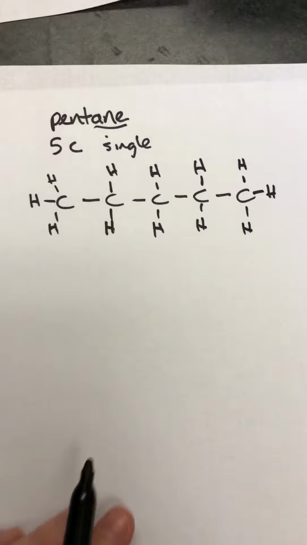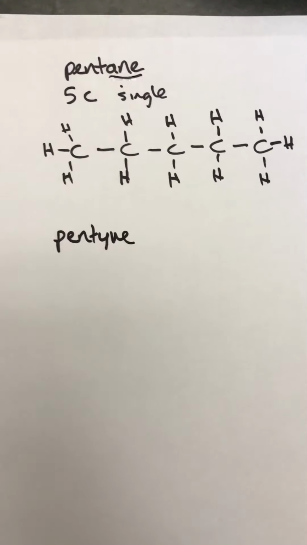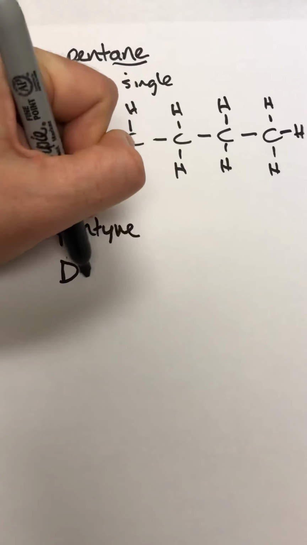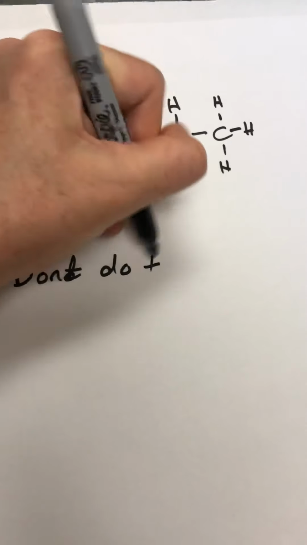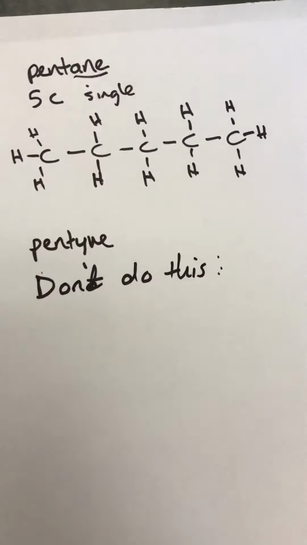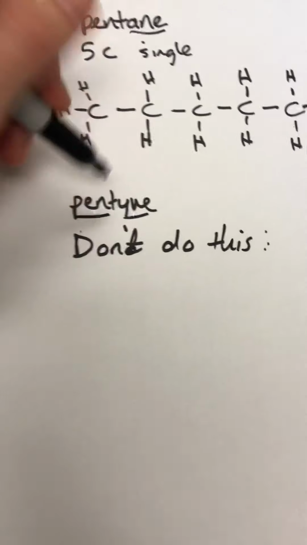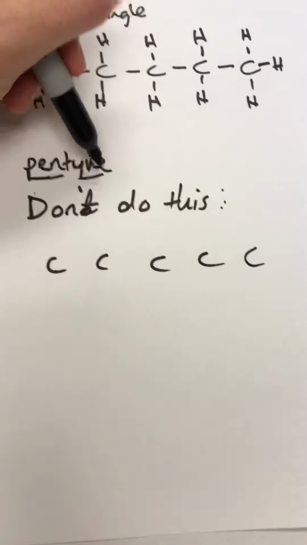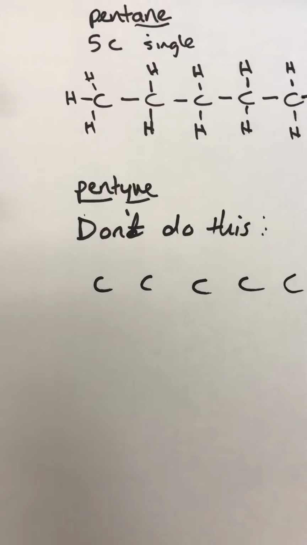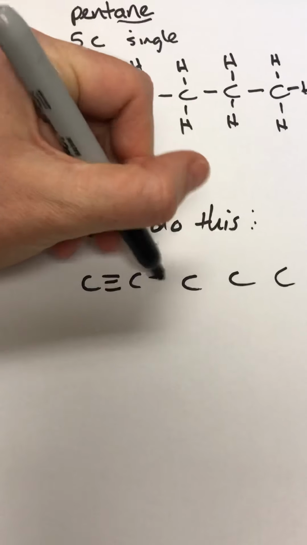Now where we run into a problem is if I want, like, pentyne. I'm going to tell you what not to do. Don't do this. If we go to draw pentyne, we should recognize pent means 5 carbons, and yne is telling you that they're triple bonded. But what you realize really quickly is you can't triple bond everything.